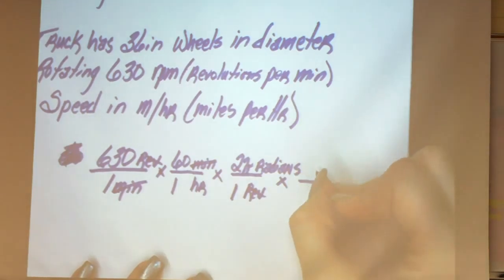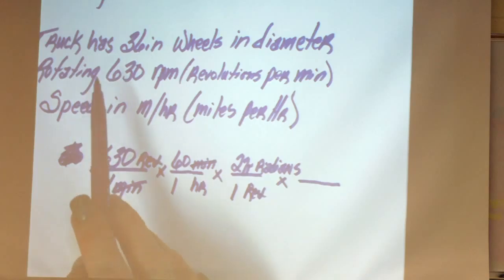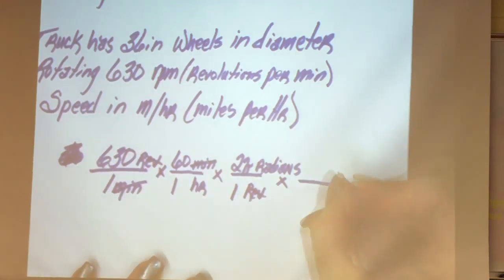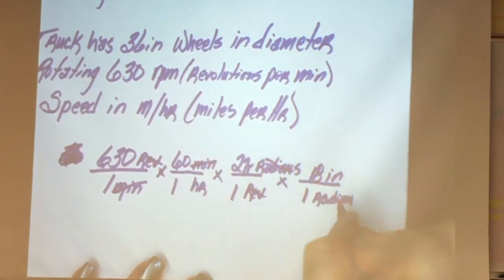Okay, so I know that since my wheels are 36 inches, that my radius would be 18 inches, and I know that that would be equal to 1 radian. So 18 inches, and then my radians will cancel out, and now I'm in inches.